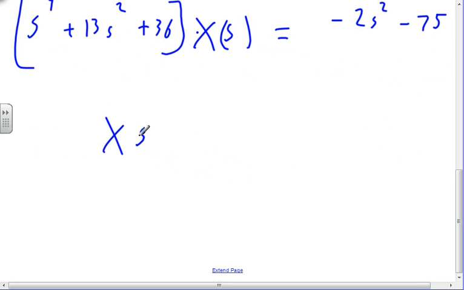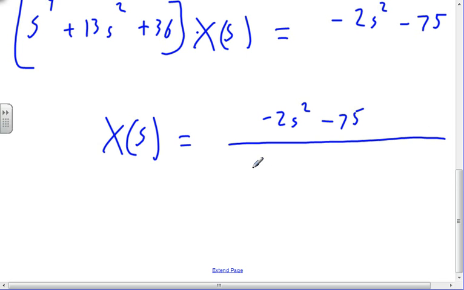So X of s is minus 2s squared minus 75, over s to the fourth plus 13s squared plus 36. Well, that's probably not going to be convenient. We're probably going to have to keep it minus, otherwise we're going to forget that minus sign when we do the partial fraction thing.